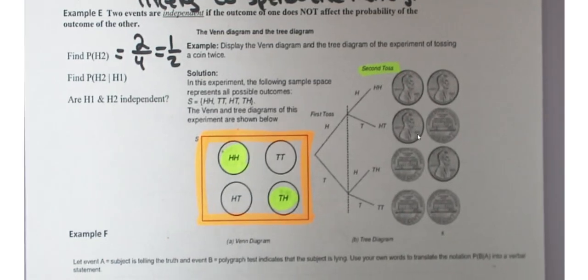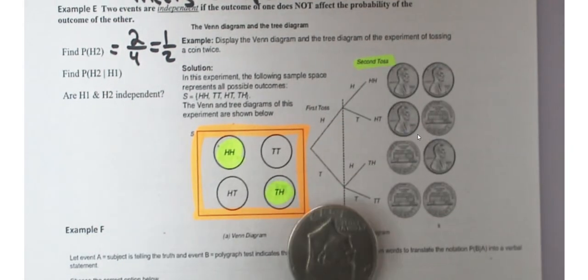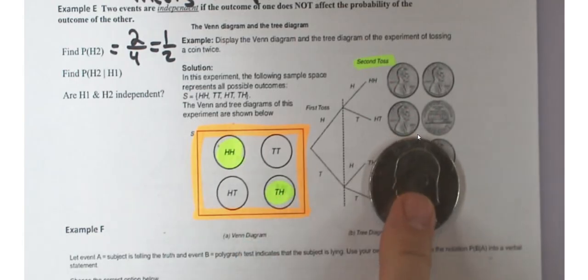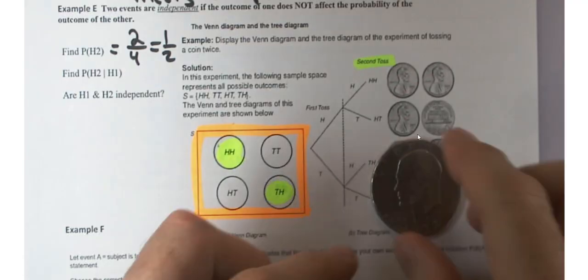Now let's play a different game. I'm going to flip 2 coins, except before I flip the second one, I'm going to tell you, psst, I got a head on the first flip. How does that affect the probability of a head on the second flip? Well, let's find out.